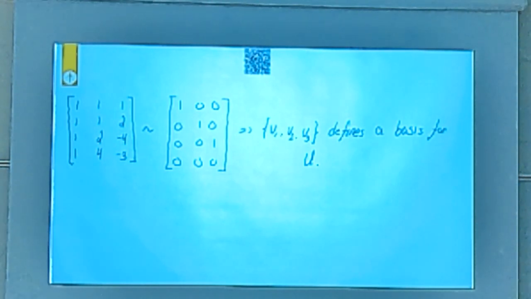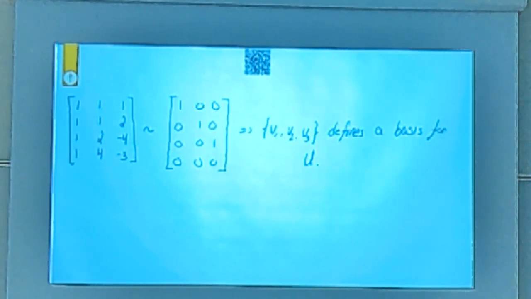Now we can apply the Gram-Schmidt process. I'm going to start the slide actually. So the Gram-Schmidt process says you set W1 to be the first vector in your ordered basis.